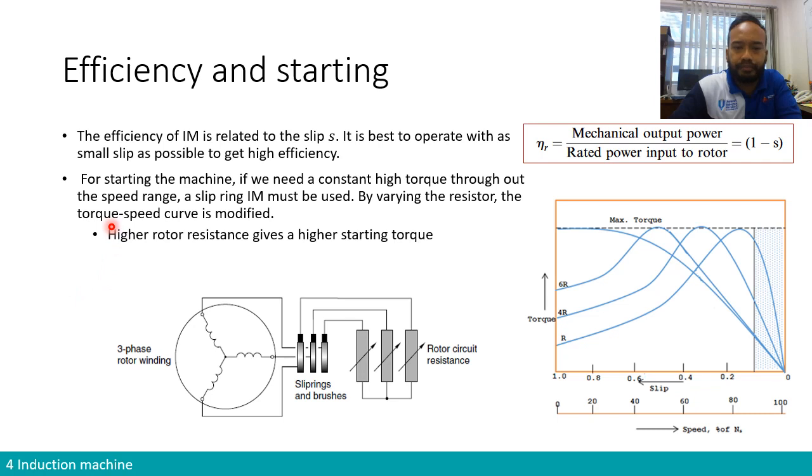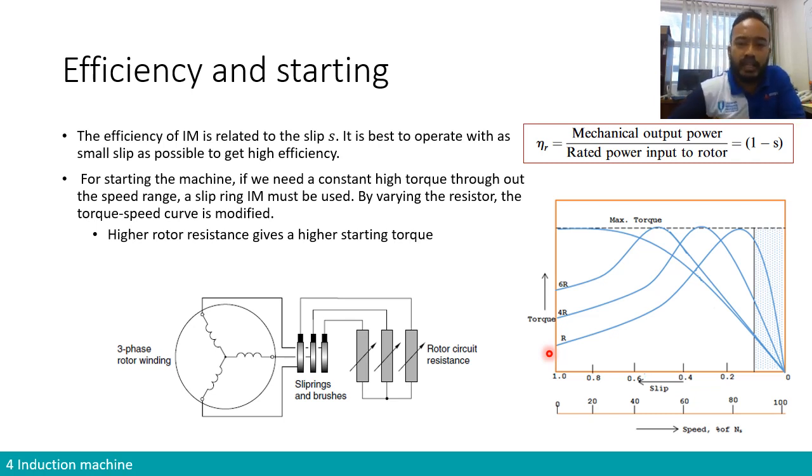From there, the issue that we are going to discuss now is related to operating the machine, especially when we want to start the machine. We have seen last week the curve of torque versus speed in an induction machine. So the curve is like this. We have multiple curves, but if we have a machine with, for example, a cage rotor, we are not going to be able to modify the rotor resistance.